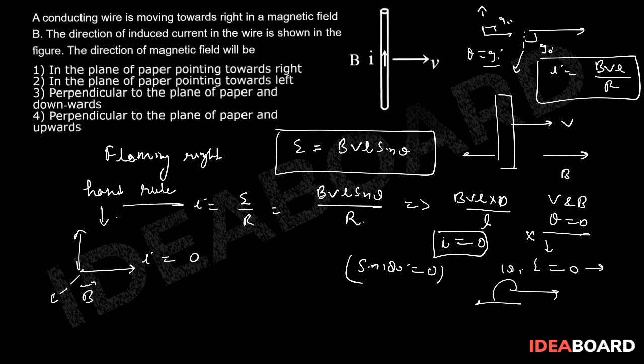So which option has to be correct? Two options we eliminated with the help of angles, and two options can be the right choice. So now how do I eliminate another one, which is the fourth one? Because the direction of the current is in this direction, and this is the V, if you apply the right hand thumb rule, then you can clearly get the direction of the magnetic field. So option number 3 has to be the right choice.